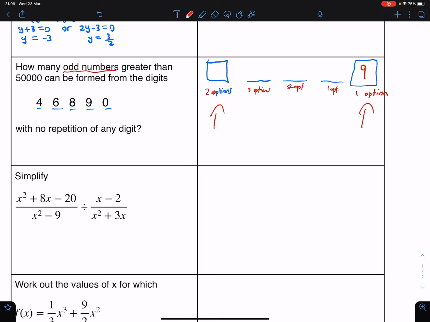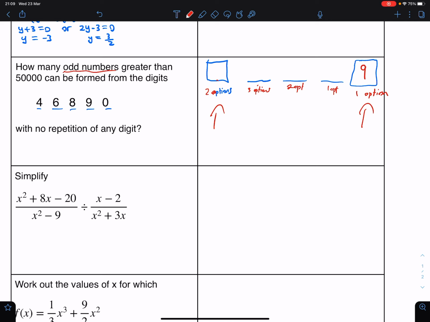So even though there are 5 digits and there are two options for the first one, you can physically only put one number at a time. So after you put the number in the first digit and in the last digit, you then have 3 left, which is why I put 3 for the third one. And then after you pick one from there, you've then got 2 left. And then after you pick one from there, you've got 1 left.